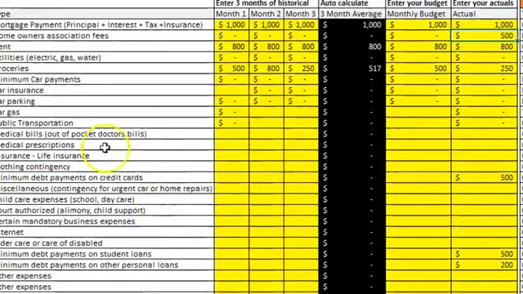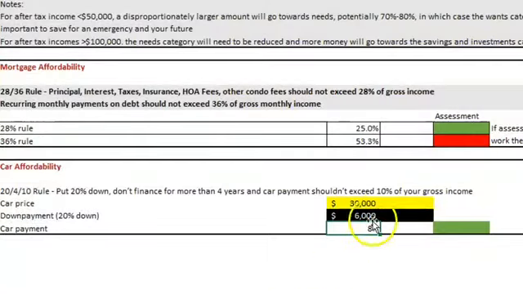So that is where you go to this particular cell and you say, hey, these are my minimum car payments in row 10. You would say, let's just put in $500 a month, because that's the average in terms of how much Americans pay for their car every month. You put that in, it does the math for you. It says that, hey, you're sitting at 8%, so you are good from an assessment perspective. You can go ahead and afford this car or this vehicle.